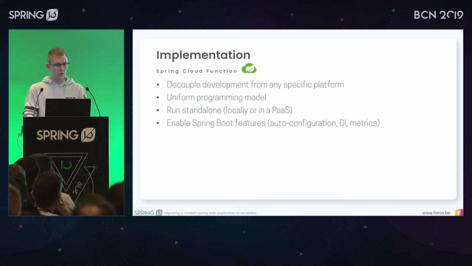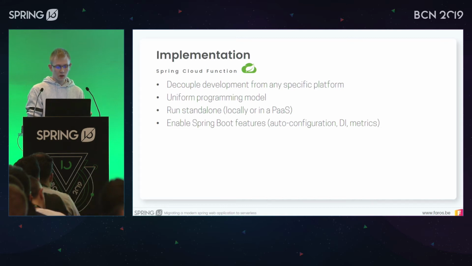On the other hand, it also offers a very uniform programming model. And of course, it also allows us to run standalone. We could just run our functions as a simple Spring Boot app and test them locally that way. And of course, other Spring Boot features would also be enabled because we're using Spring.